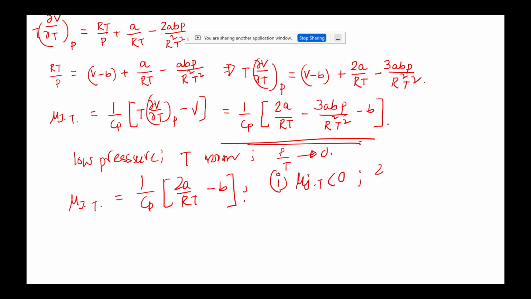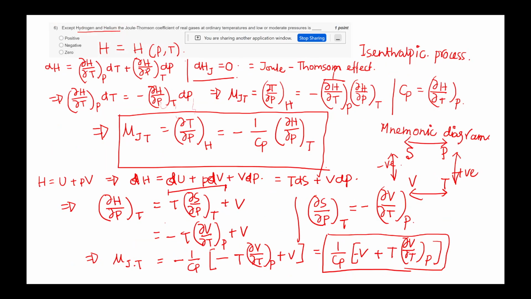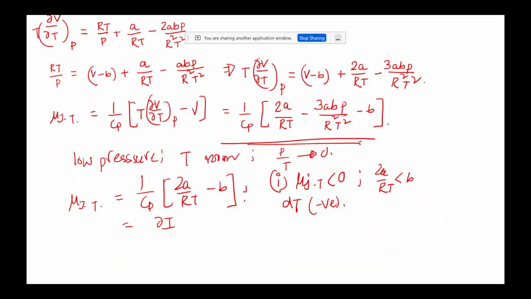That will be when 2A by RT is less than B. When this is negative, mu JT is negative, and we can say that dT is also positive. Remember, mu JT is del T del P at constant H. This is expansion, so del P is always negative.